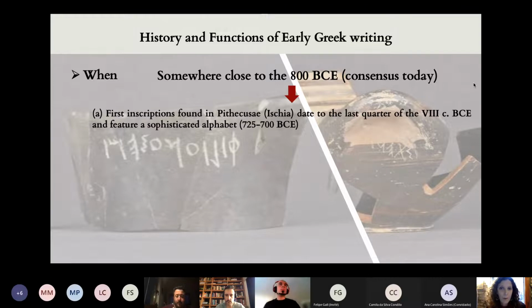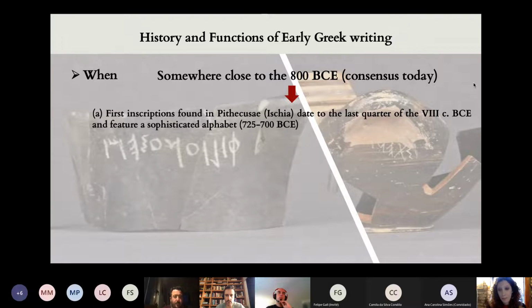The first thing to know is that the first inscriptions, the first evidence of the alphabet, were found in Pithekoussai, Ischia, and they date to the last quarter of the 8th century BCE. But this evidence features a very sophisticated and developed alphabet.